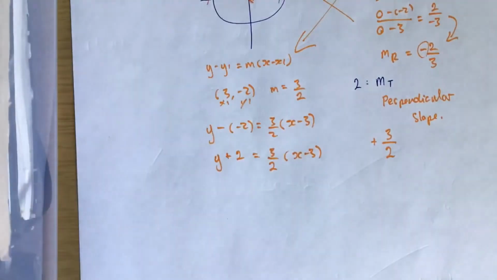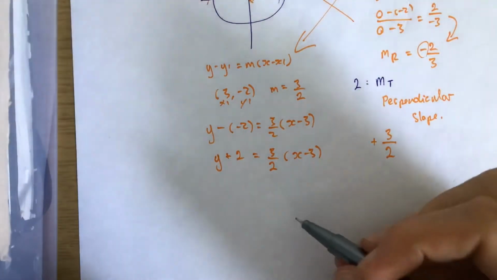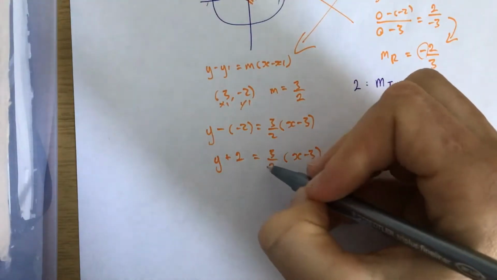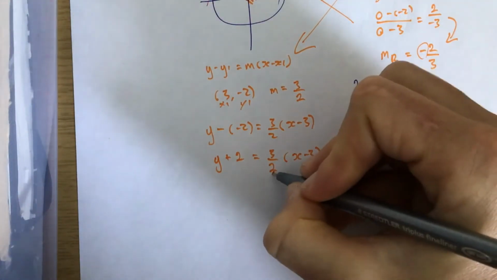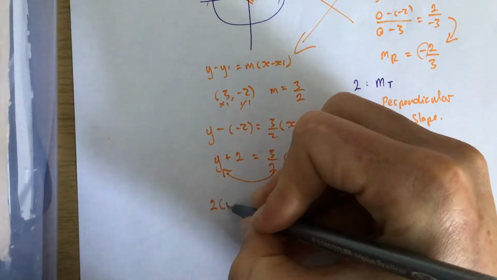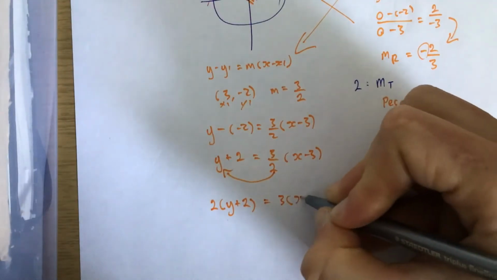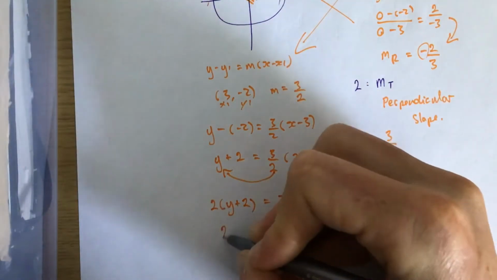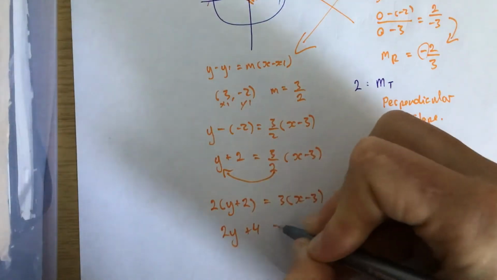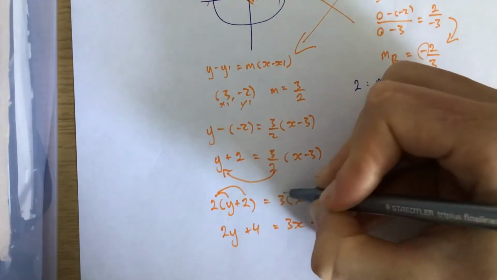Now we've kind of moved away from the circle a little bit, and we're now on the line. So in order to do this bit, what we need to do is we'll take this 2, comes up here to get rid of the fraction, and it will be 2 multiplied by y plus 2 equals 3 into x minus 3. 2y plus 4 equals 3x minus 9. So that was this times this.